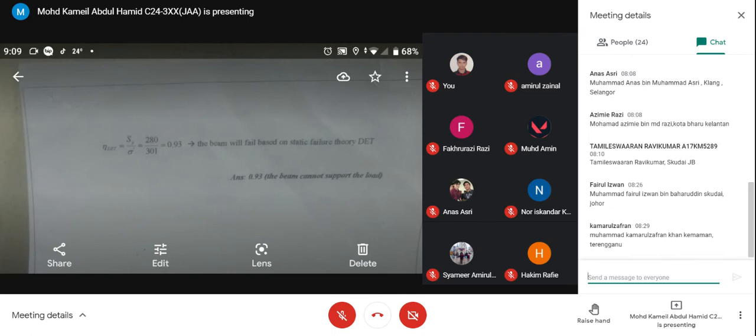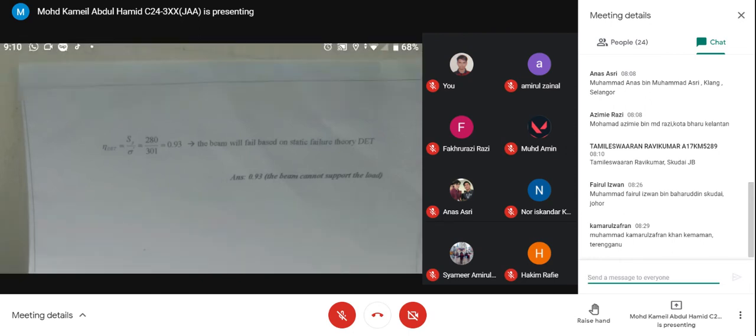Okay, if kalau pakai this loading, 9,000 Newton loading tu, it will give you safety factor of 0.93. So 0.93, it is less than the given safety factor, so the beam will fail.